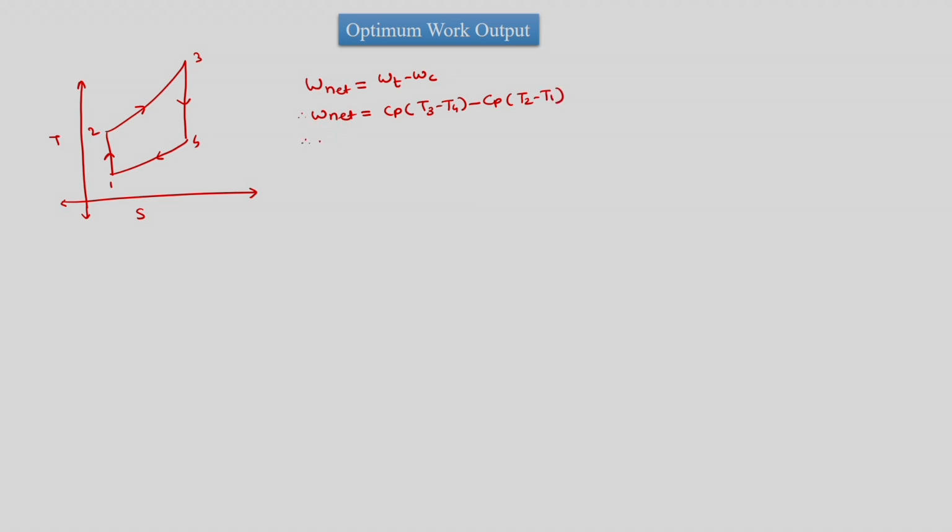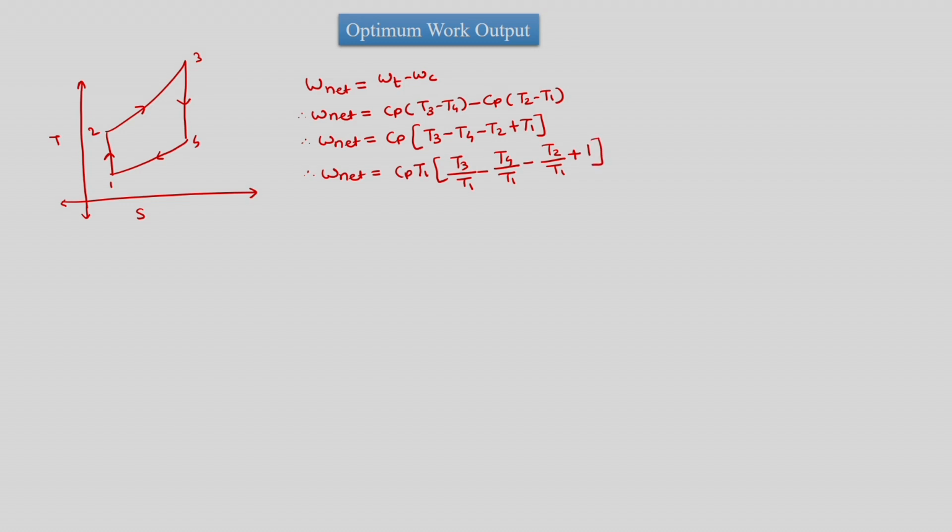So let us take Cp common from all, so it will be (T3 minus T4) minus (T2 minus T1). Let us further take T1 common, so it will become Cp T1 into (T3 by T1 minus T4 by T1 minus T2 by T1, sorry, here it is plus, so plus 1).